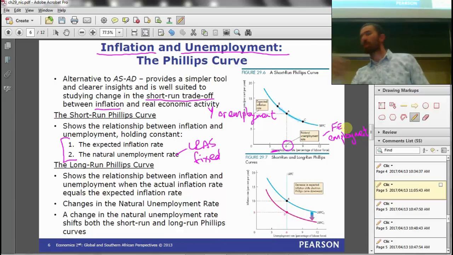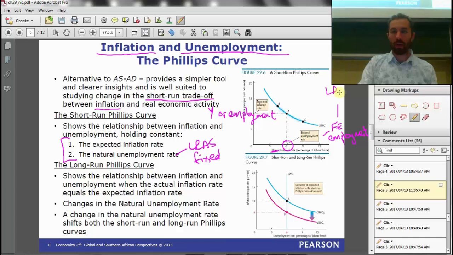Sorry, I was supposed to move that thing over and I didn't. Okay? So you've got full employment. So it's the natural rate of unemployment, which is the same as saying long run aggregate supply curve level of output.